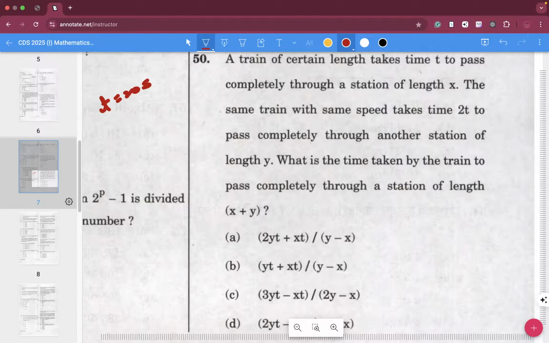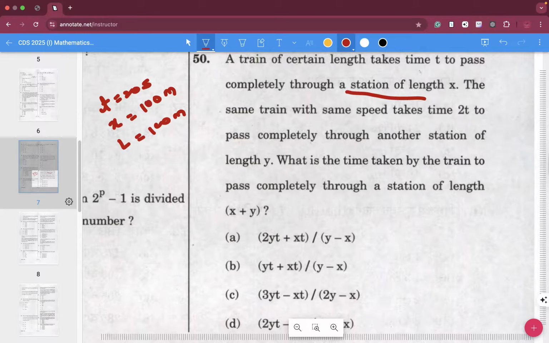The length of the station x is equal to 100 meters. Can I assume that? And I'm assuming the length of the train as another 100 meters. The same train with the same speed takes time 2t to pass completely through another station.